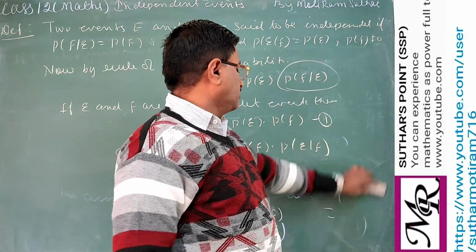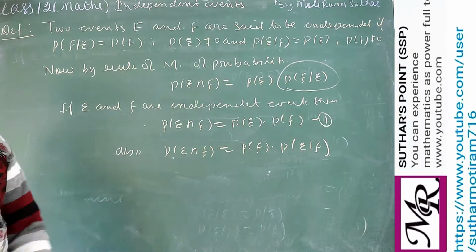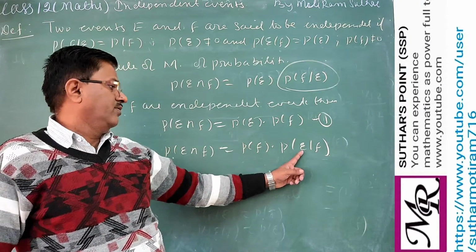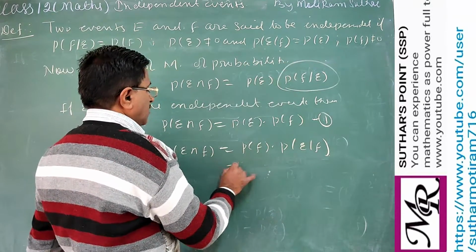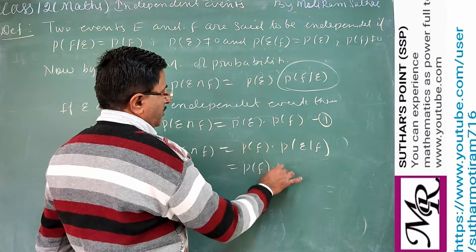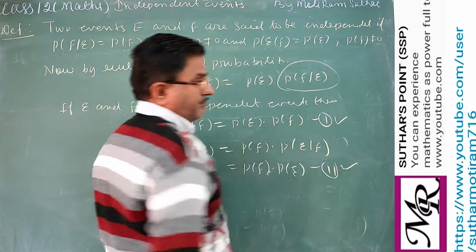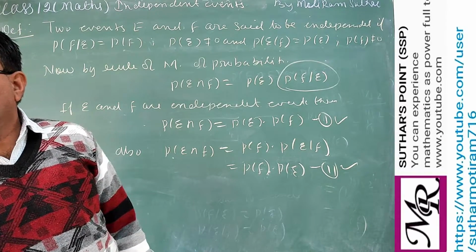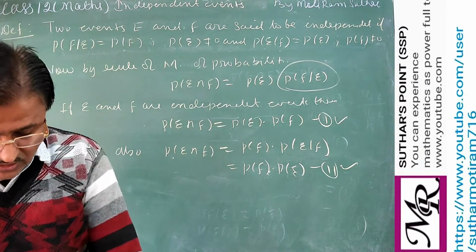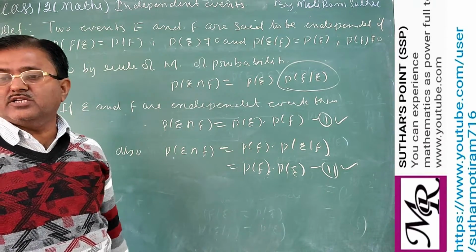In this also, if the two events are independent, then we can replace P(E|F) by P(E). So we get P(F) into P(E). So the first and second are both the same. This is a very important rule: two events are said to be independent if this formula is satisfied.